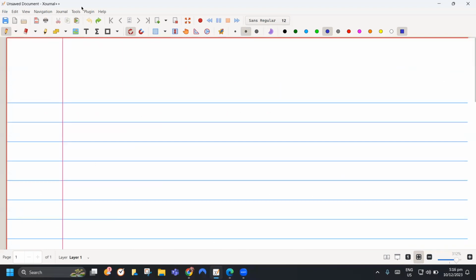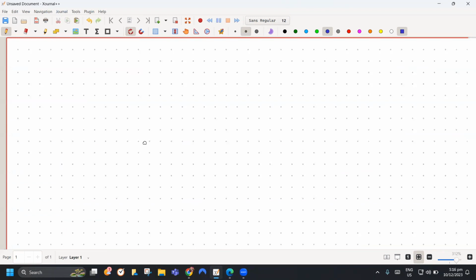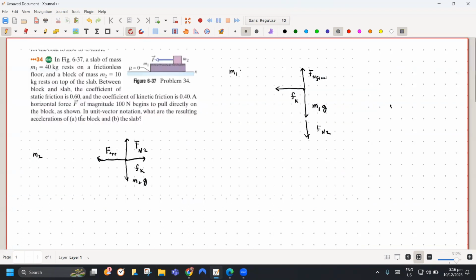Gawa na po ako ng new. So, tapos minus FK, Fn2.